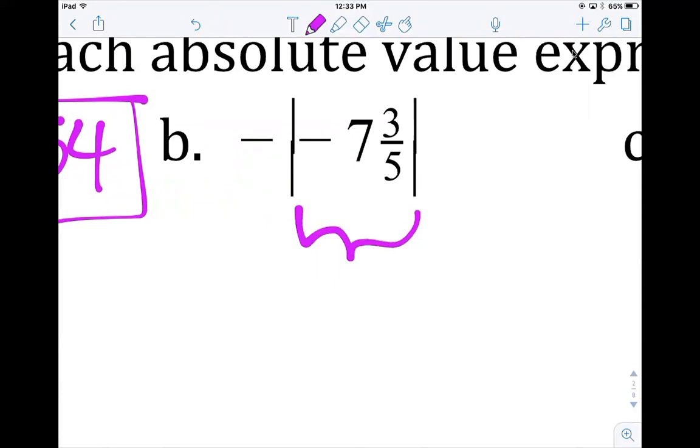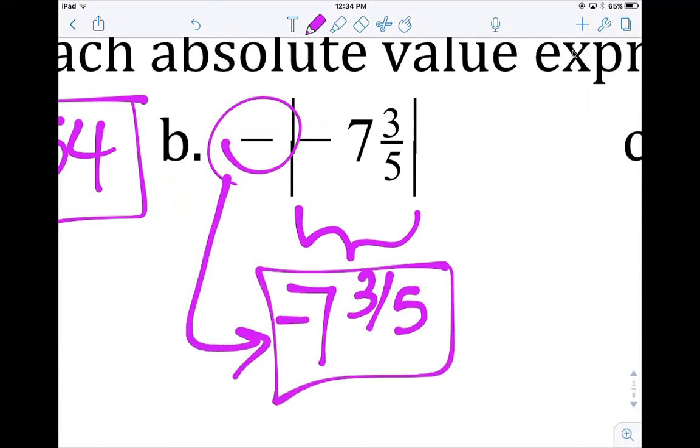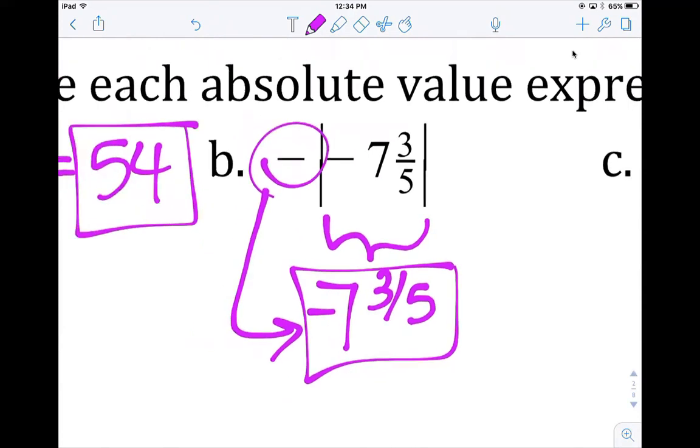So we want to think about how many spaces away is -7 3/5 from 0. Well, that's 7 3/5. Now this negative sign is out in front of the absolute value. That's going to get brought down and put in front of our number. So our answer will be -7 3/5. And it's only negative because of that negative sign out in front.